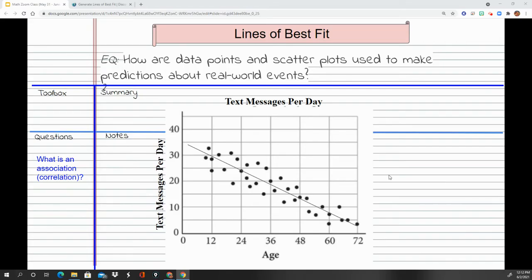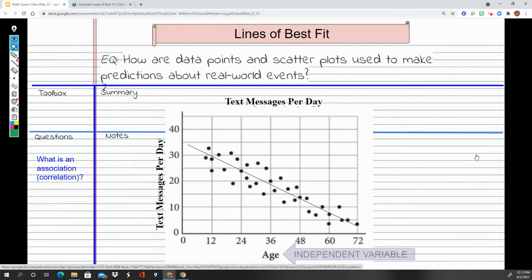So what do you notice? We can see that there are a lot of points. We can kind of see as our age increases, it looks like the text messages per day decreases.